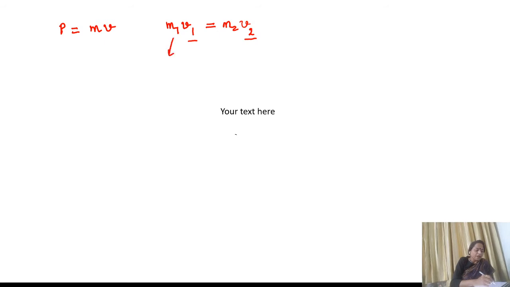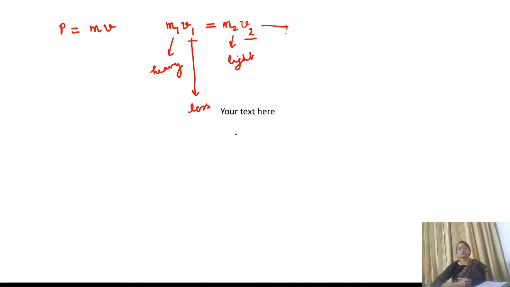If it is heavy and the other is light, then its velocity v1 should be less than v2. Then in that case you will say that yes, the momentum is the same. So if two bodies are of different masses, their momentum can still be the same.